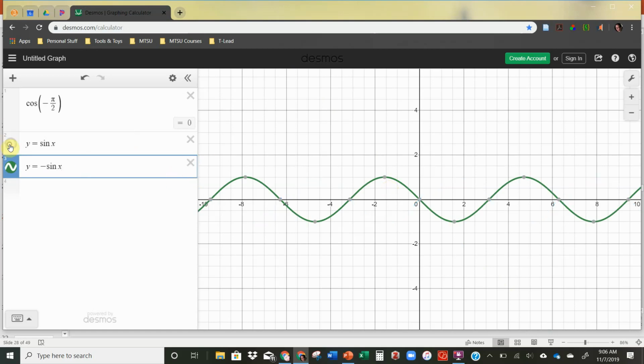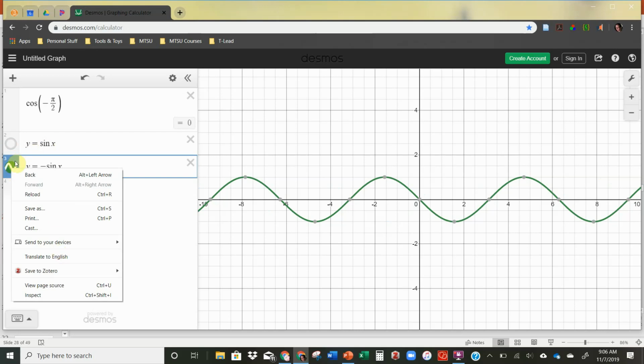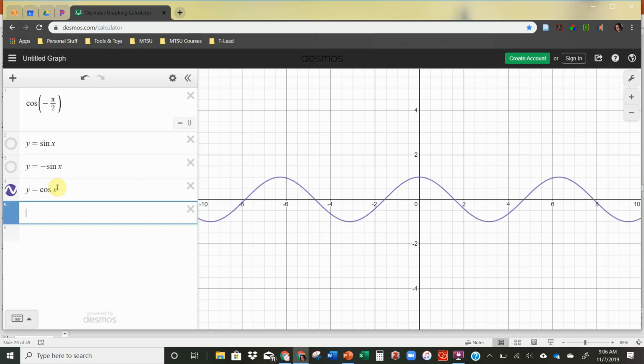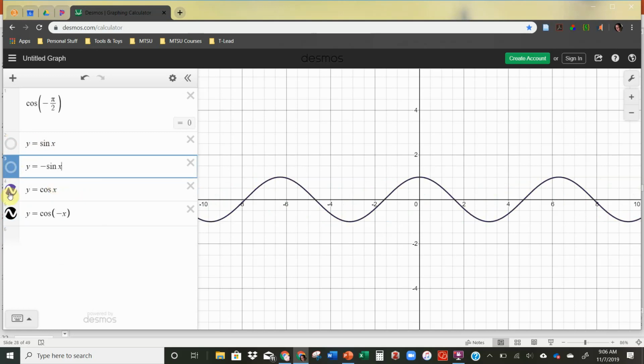On the other hand, if we look at the cosine function, y equals the cosine of x, as opposed to y equals the cosine of negative x, notice that they're the same thing. I just realized that I wrote those weirdly up there.